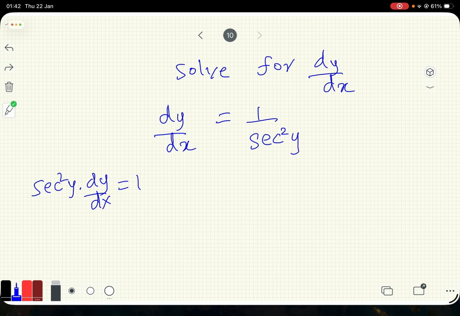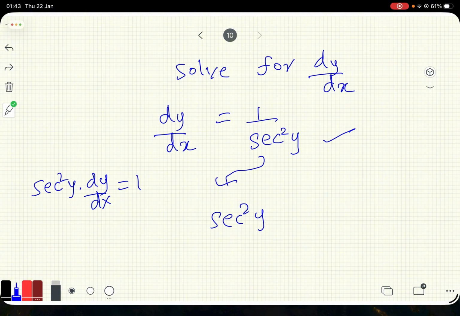So making dy over dx the subject, it is 1 over sec squared y. Now convert this sec squared y into x.